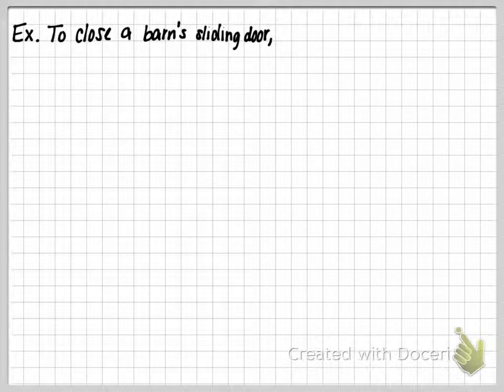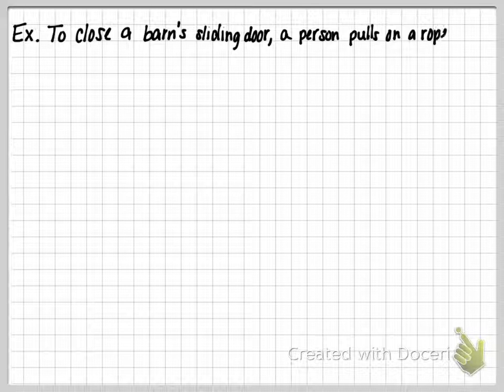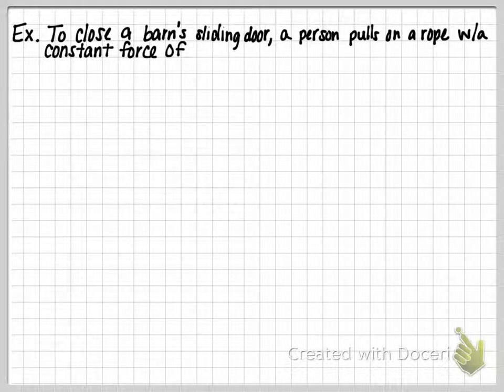To close a barn's sliding door, a person pulls on the rope with a constant force of 50 pounds, at a constant angle of 60 degrees.